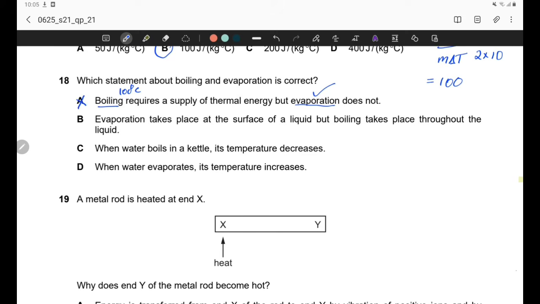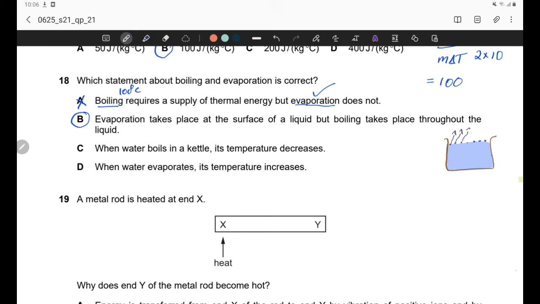Let's see option B. Evaporation takes place at the surface of the liquid, but boiling takes place throughout the liquid. That is a correct statement, because if you keep some liquid in an open container, what actually happens in evaporation is that the molecules at the surface of the liquid gain or absorb thermal energy from the atmosphere and escape.